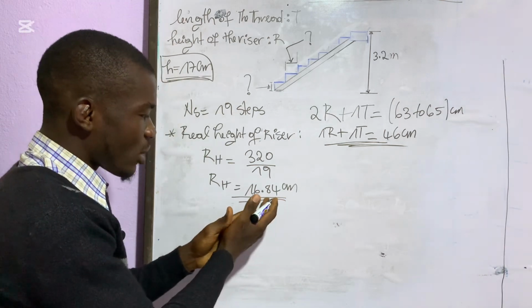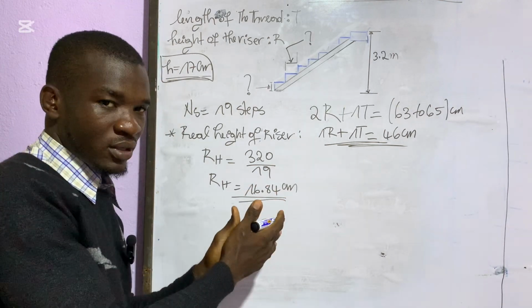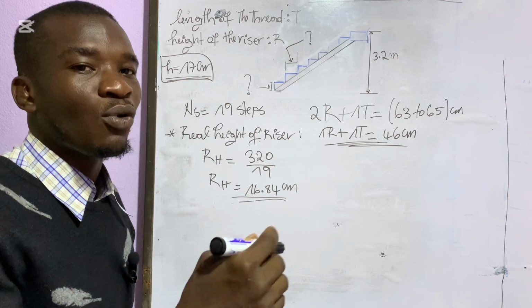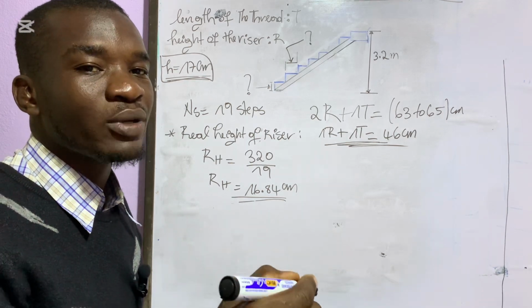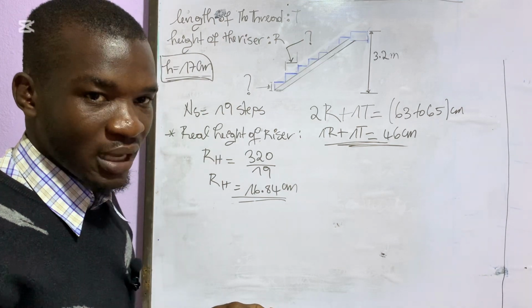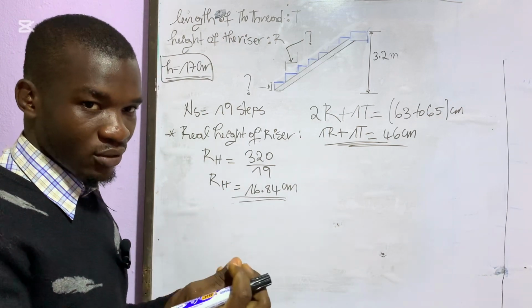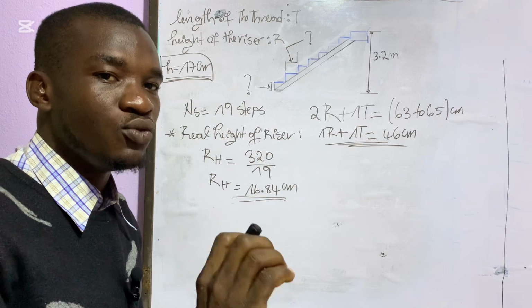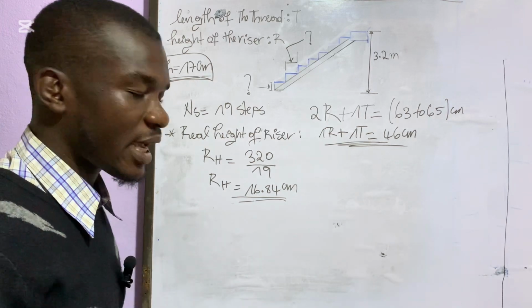The scientist student will stop when he gets the exact value, and the engineer will go further to find the value that is actually applicable, the executable value, the value that we actually use for execution on site.